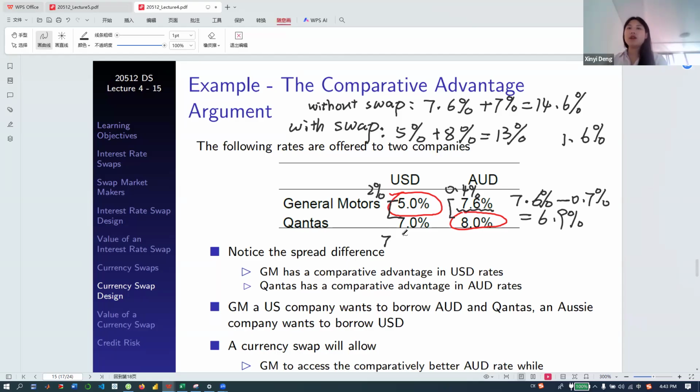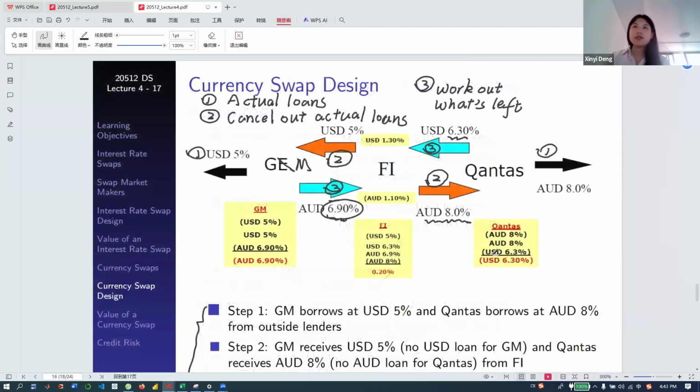So its USD rate by utilizing the swap is going to be 7% minus 0.7%. And that's going to be equal to 6.3%. So that's how we get this 6.3% here.